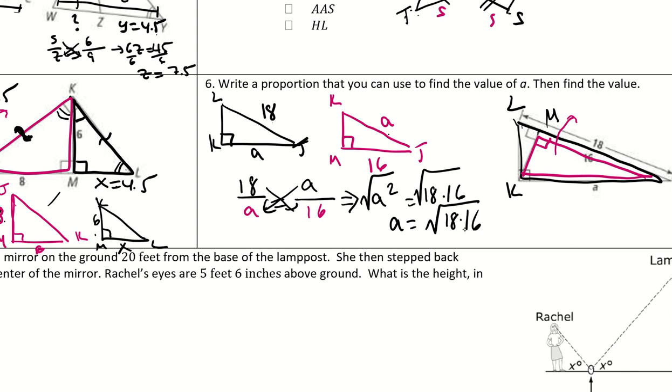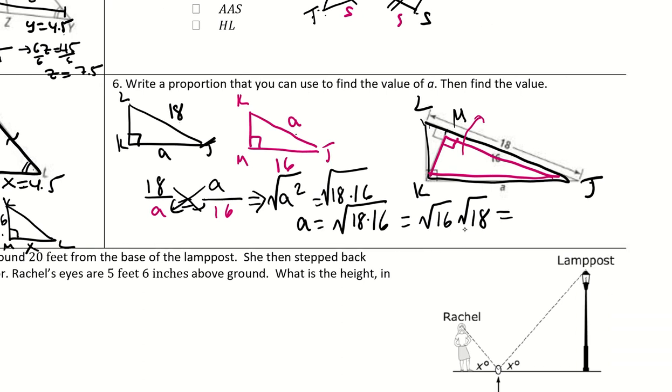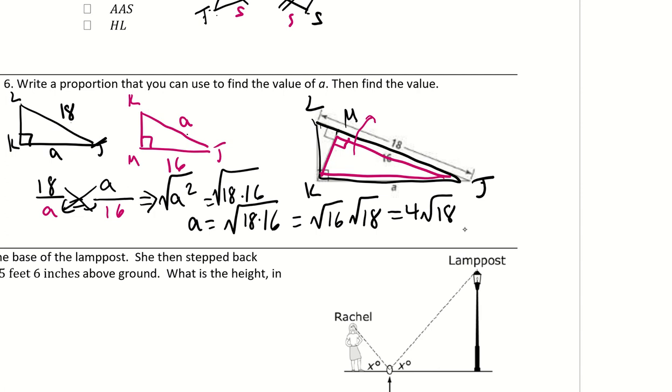Now, the square root of 16 is 4, right? What we could do is split this up into two things, the 16 and then the 18. Notice I switched to 16 and the 18. It doesn't matter. The square root of 16 is 4. And then we're going to split up the square root of 18. You remember how I showed you how to split the radical? Well, we're going to do that here. So split this, simplify that: 9 times 2, 3 times 3.